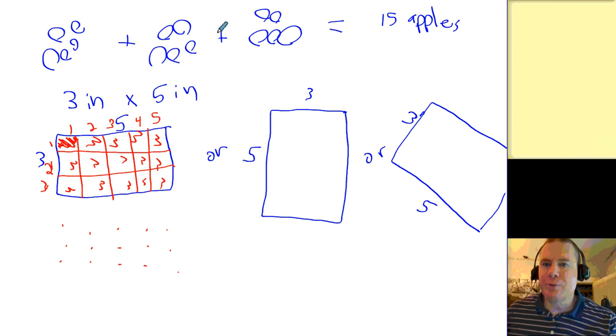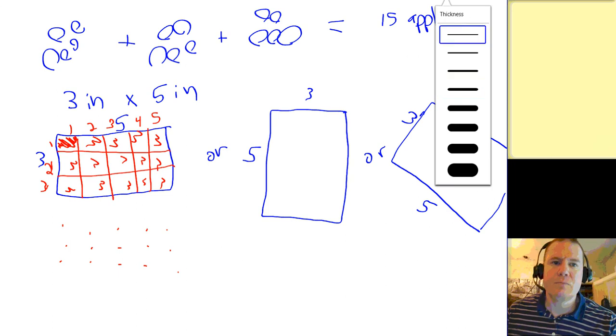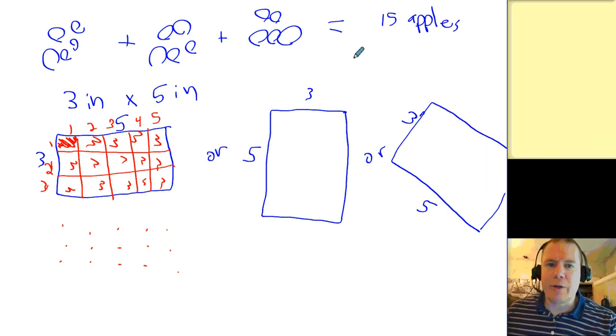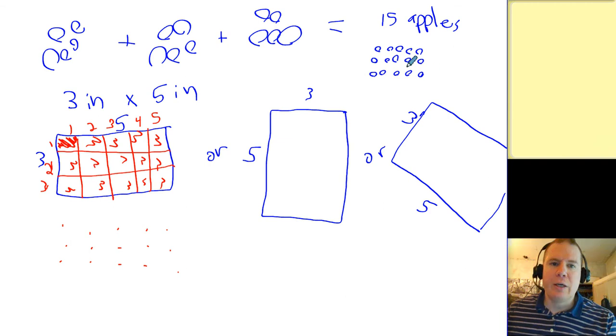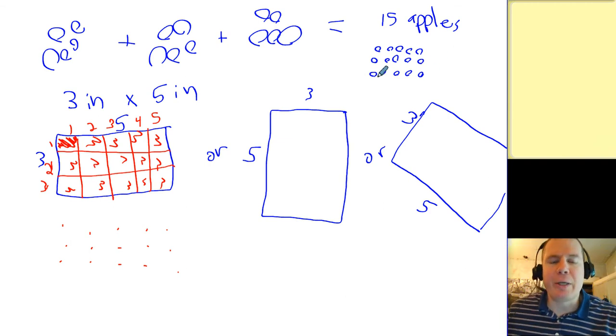I could put my apples the same way. If I'm counting my apples, I could say I've got 5 apples in the first basket, another 5 in the second basket, another 5 in the third basket. It can make that picture, and maybe that'll make it faster to say 5, 10, 15 apples, but I'm still counting individual pieces here.